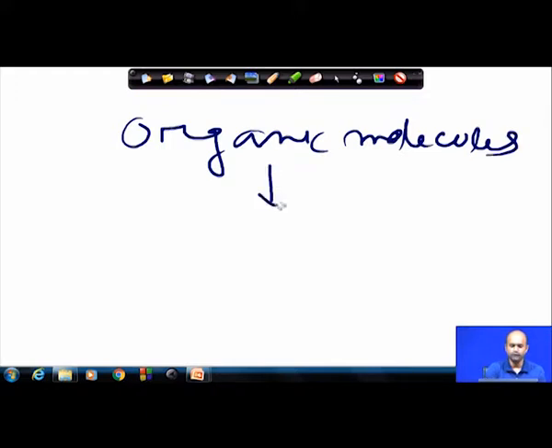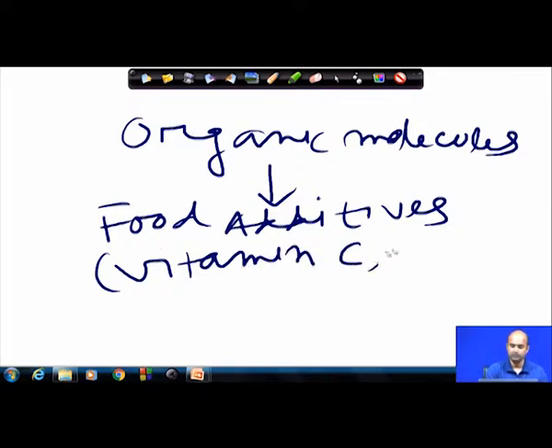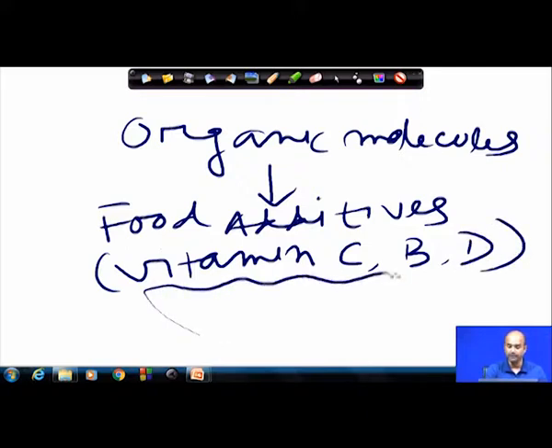Organic molecules consist of, I will say, food additives. You can use numerous organic compounds in your food additives. Food supplements, mainly vitamins, those are organic compounds. Let us say vitamin C, vitamin B, vitamin D, all cannot be synthesized inside the body and you need to add them as a dietary supplement.